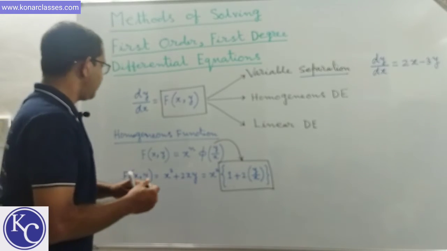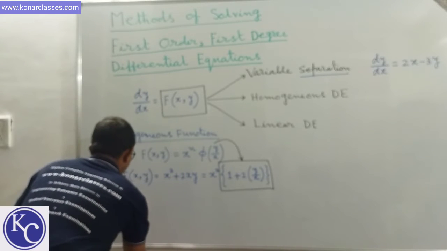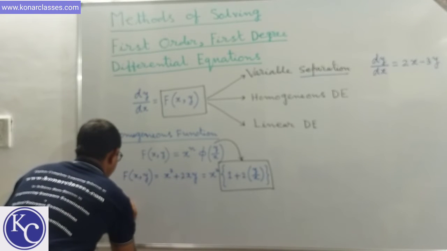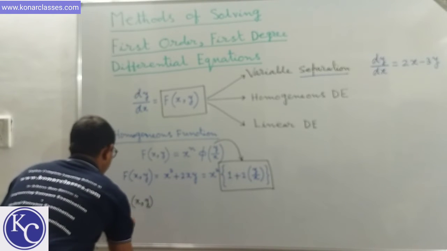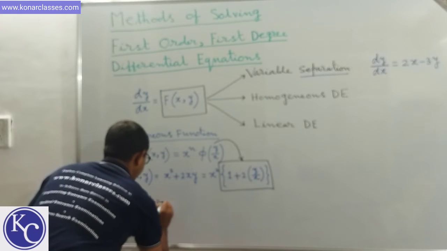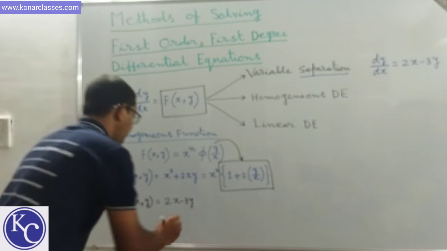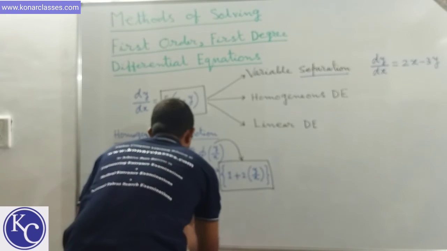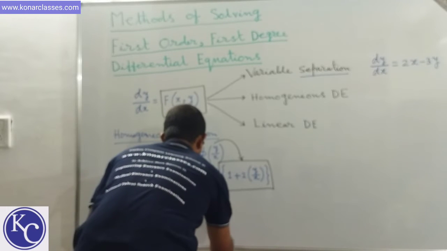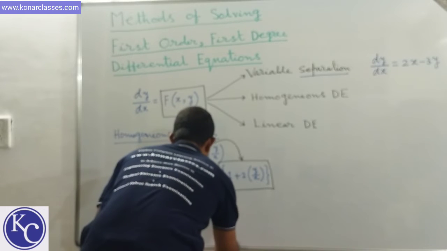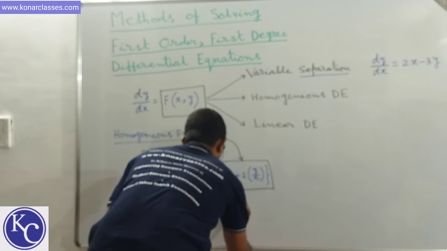Now let's take another function. Suppose we have another function, let's write some other name, g(x, y), equal to 2x minus 3y. What can we write here, dear students? We can take x common, and what we get is 2 minus 3 into y by x.